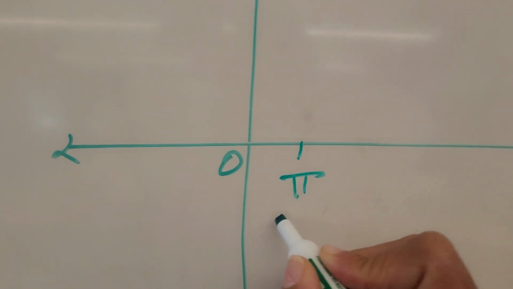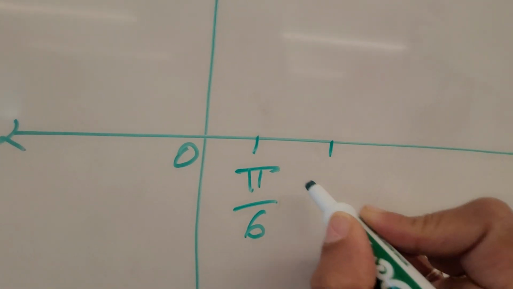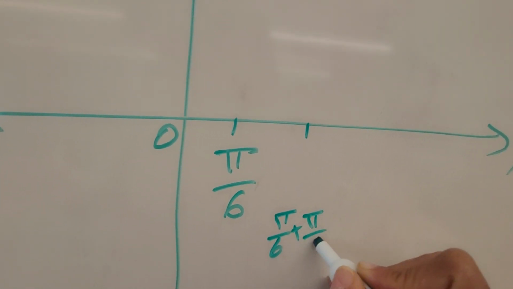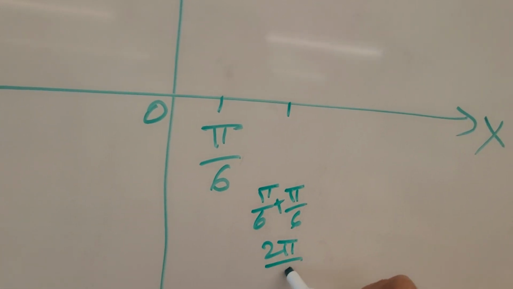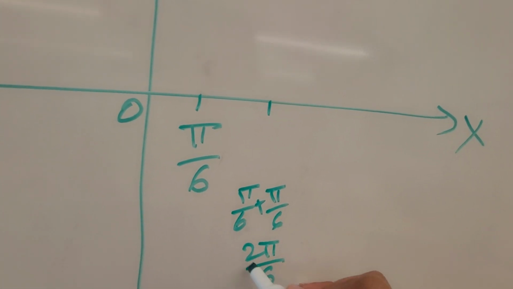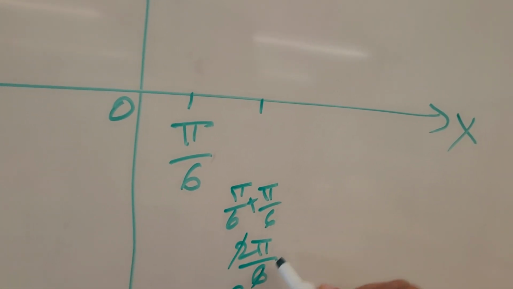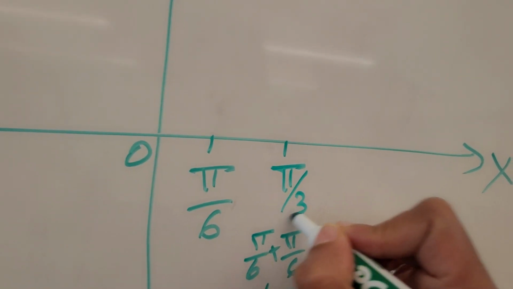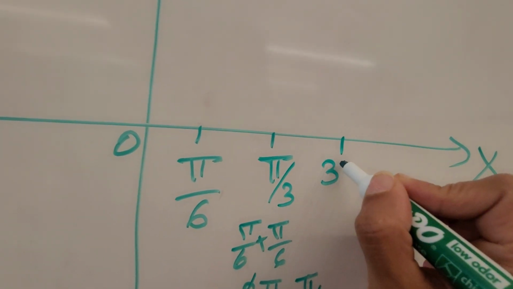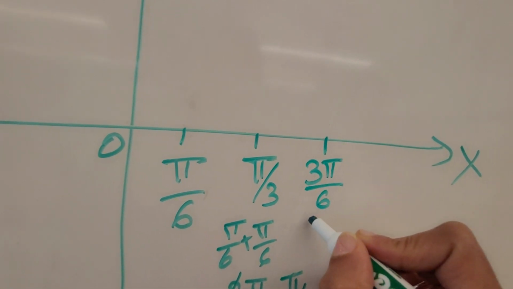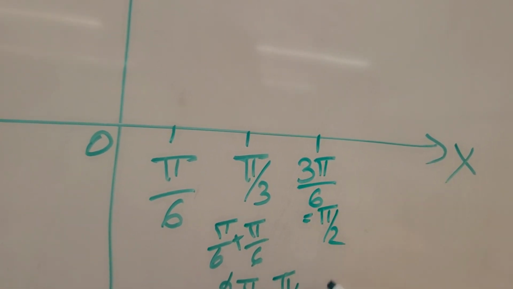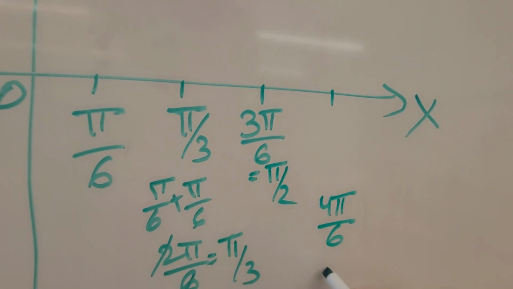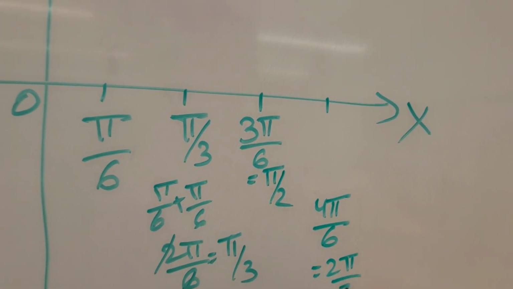So my first value is pi by 6. The second value would be pi by 6 plus pi by 6, which is 2 pi by 6. When simplified, it will be pi by 3. So I'm going to write it as pi by 3 here. And this is 3 pi by 6, which can be written as pi by 2. This is 4 pi by 6, which can be simplified as 2 pi by 3.